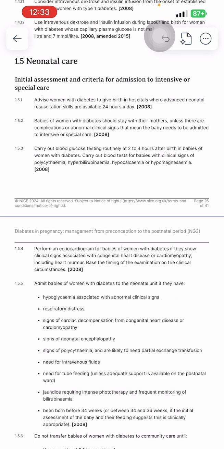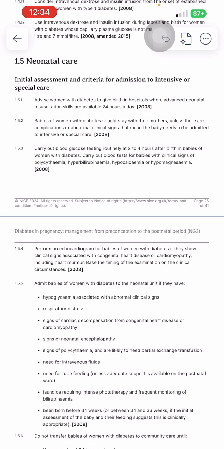So after birth of the baby, you will immediately check the glucose level, because these neonates develop hypoglycemia. So you have to monitor this baby. Usually this type of monitoring is done in the neonatology ward.